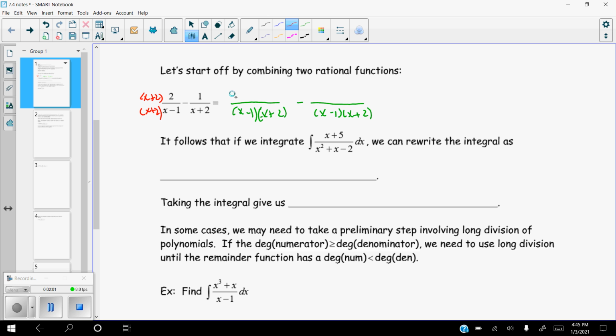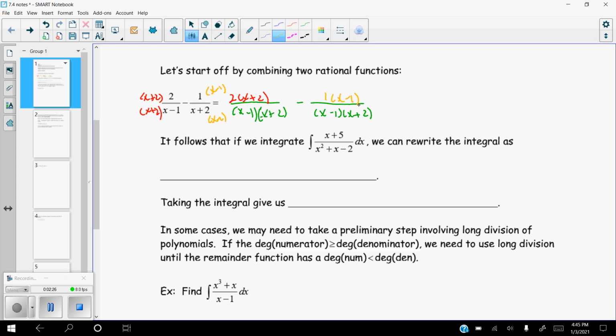which means now we're going to get a 2 times x plus 2 on the top of the first one. And then we would need to multiply the top and the bottom of the second fraction by x minus 1. So we're going to get 1 times x minus 1 on the top of the second one.